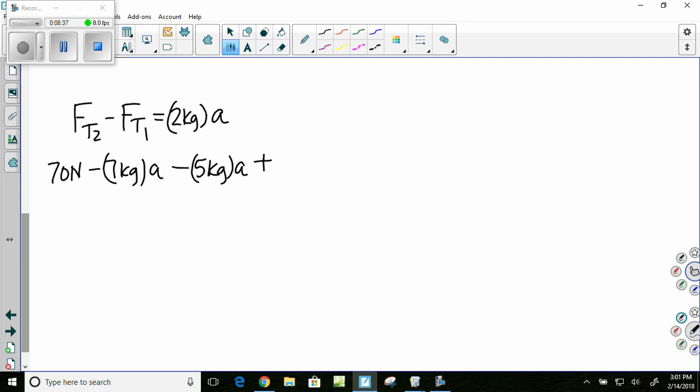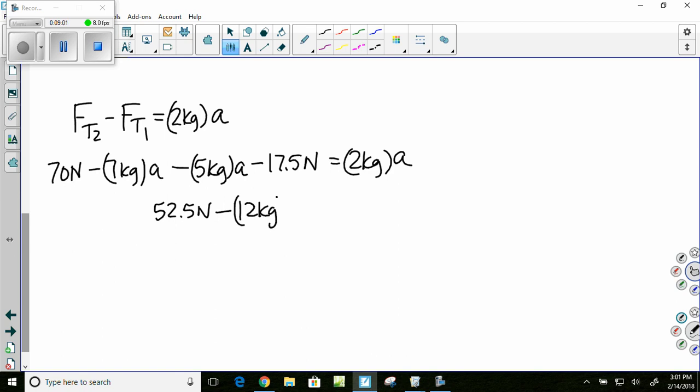So it'll be minus 17.5 newtons equals 2 kilograms times A. When I combine the numbers, I get 52.5 newtons minus 12 kilograms times A equals 2 kilograms times A.